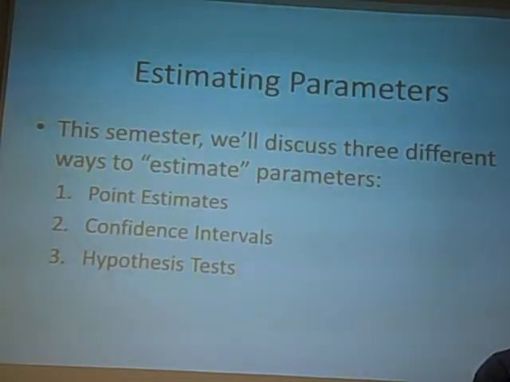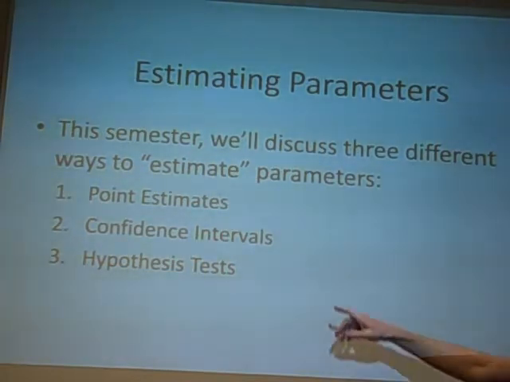That's what we've talked about previously. If we wanted to estimate the proportion, pi, in the population, maybe I could just use the proportion for my sample, p. So that's point estimation.